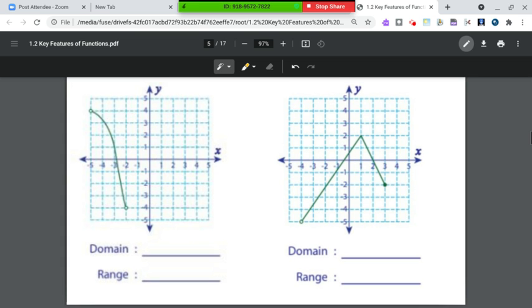The one on the left. What would you say? Now, notice they're both open circles. What would you say for the domain from left to right? Would you put a parenthesis? Parentheses, where are you starting? -5. -5, comma, where are you stopping? -2. -2.